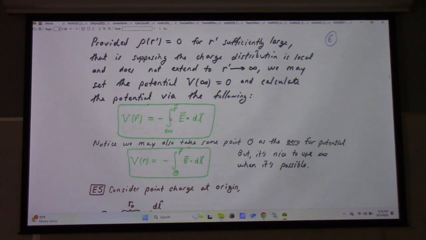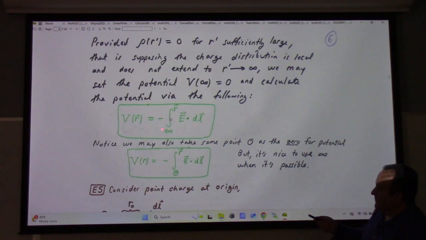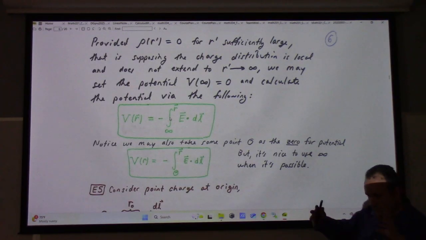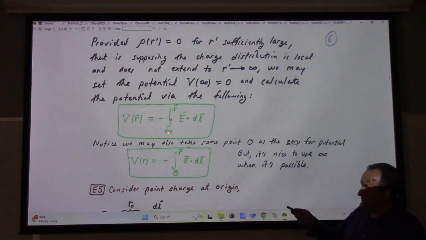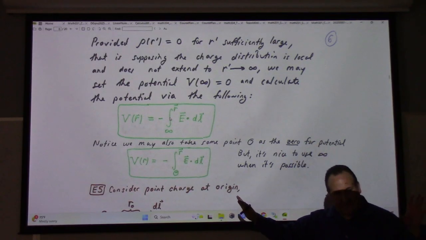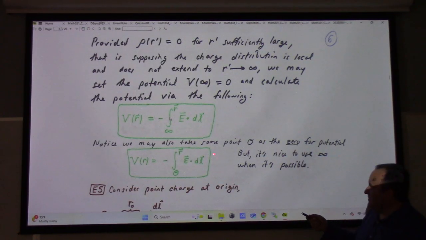So we can define the voltage as the integral from the origin for the potential. This makes sense as long as we have a finite charge distribution, right? As long as the charge is localized, we can use this as our definition, put the 0 for the potential way out there. But if that's not the case, you can also just make any old point the 0 for your potential, right?